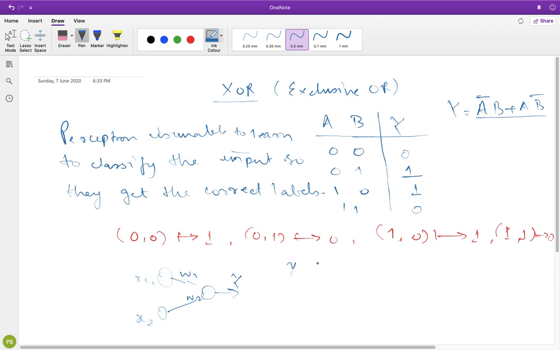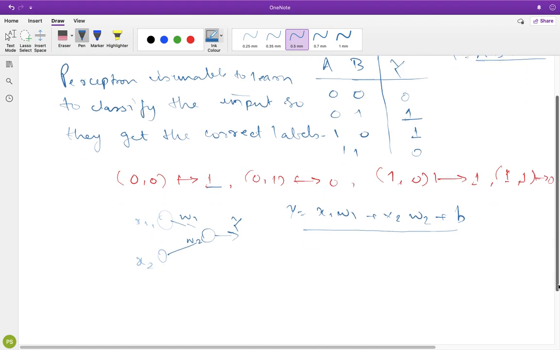We write y as x1 times w1 plus x2 times w2, plus the bias term. So when we have 0 0 as input we should get 1, when we have 0 1 we get 0, and so on.